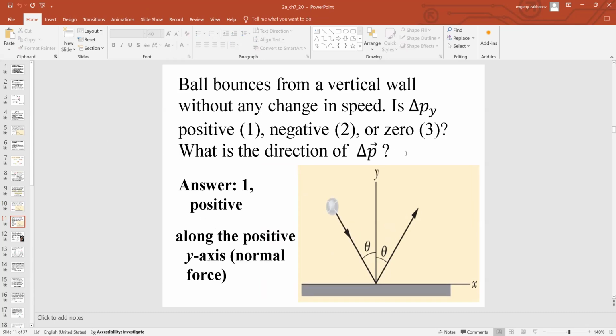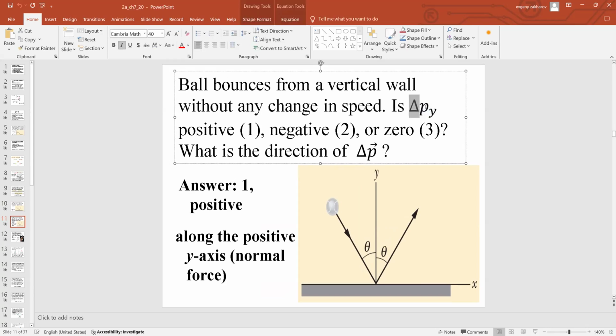Now, same setup, and we have to discuss change in momentum onto y-axis. For y-axis, before, that's the component, and see how it's a negative component. And after the collision, that's the component, and now it's a positive component because it's final takeaway initial.